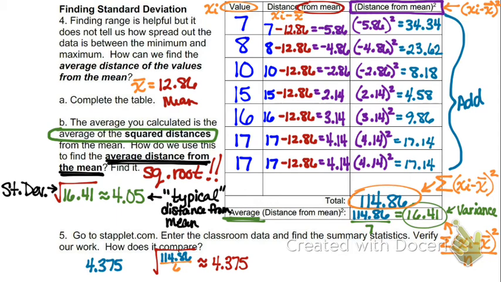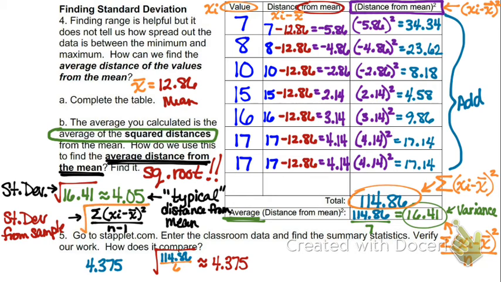We'll get into the why of it later on, but it's called degrees of freedom, and it's because we have a sample. You guys are not every single group of students here at Pike High School, so I don't have my information coming from the whole population. We're just doing a small little sample, and when we find standard deviation from a sample, we are going to take the summation of xi minus x bar squared divided by n minus 1.